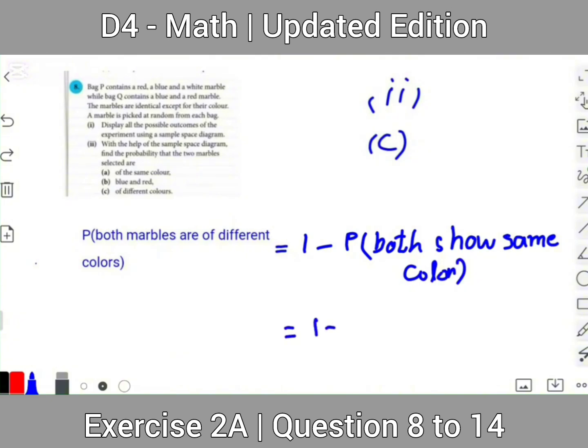So from part A, the probability we have found is 1 over 3 and it becomes 1 minus 1 over 3, which is equal to 3 minus 1 over 3, and it becomes 2 over 3. So the probability that both marbles are of different colors is equal to 2/3.